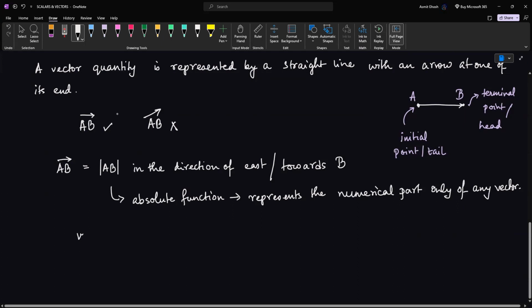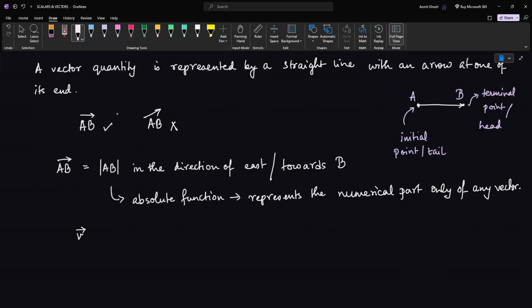You can consider other variables, but to represent a velocity by its initial letter V is a common and conventional practice, which means you normally use this notation to represent vectors.